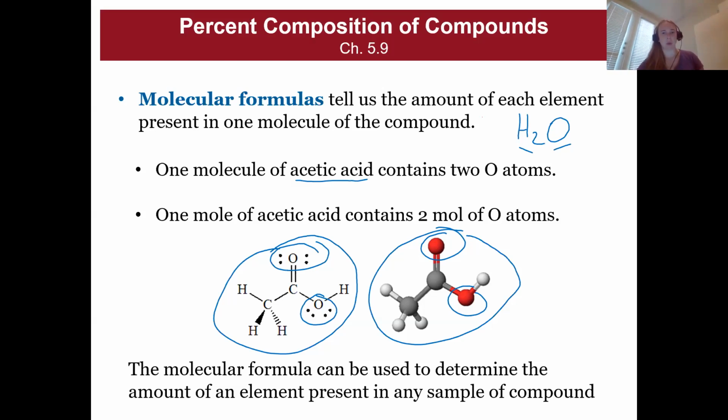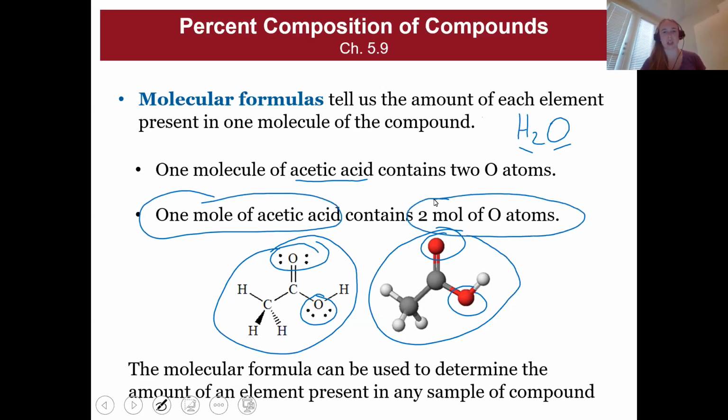If we multiply both of those numbers by Avogadro's number, that tells us that 1 mole of acetic acid contains 2 moles of oxygen atoms. A mole is just Avogadro's number worth of molecules or atoms. It's just a multiple.